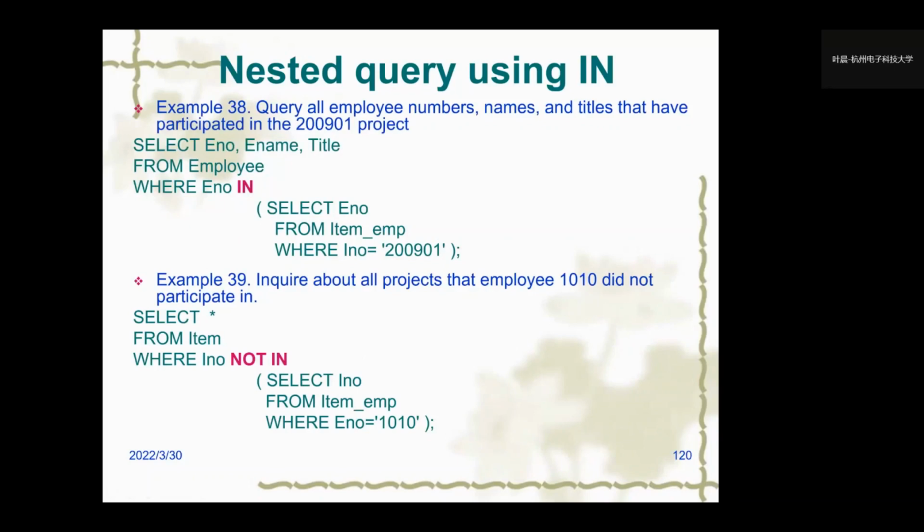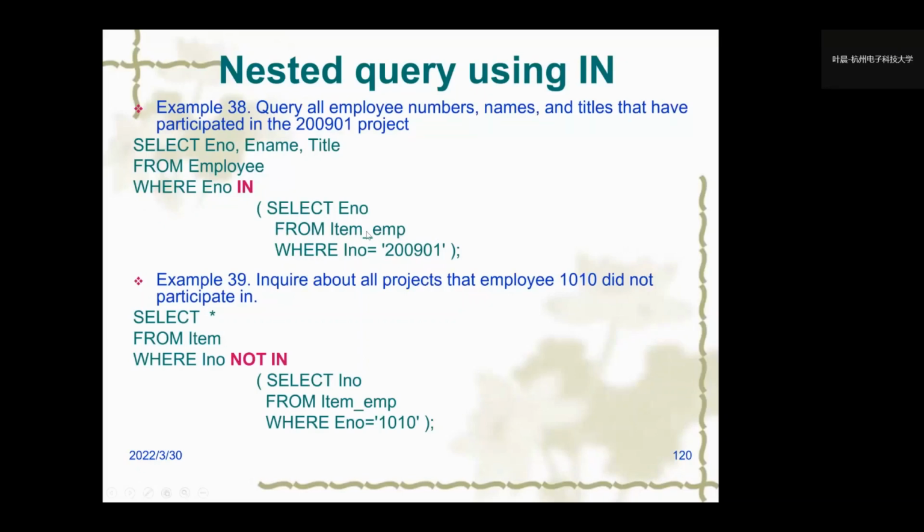For the employee's number, name, and title, which are related to the project, we can't find all this information in one table. We need two tables: the employee table and the item-employee relationship table.